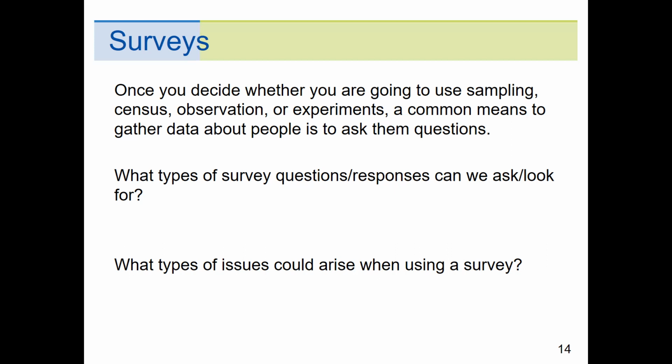For example, maybe I say, if you are for the new school, it's going to cost you thousands of dollars in tax money every year, extra out of your pocket. So do you support the new school?